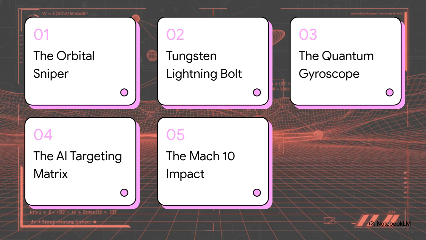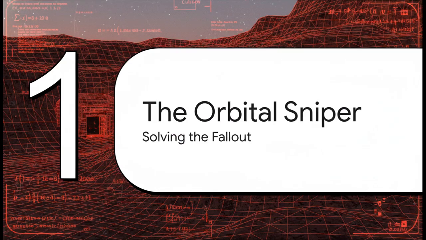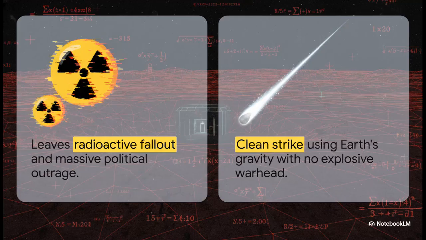Let's jump right in. Section 1. The orbital sniper and how it solves the fallout problem. To really understand why a weapon system like this was even conceptualized, you have to look at the massive dilemma of modern bunker busting. Look, if a target is buried 3 miles under solid rock, a conventional explosive won't even scratch it. A nuclear bunker buster will, sure, but it leaves behind this undeniable, incredibly messy, radioactive fallout and triggers massive political outrage.